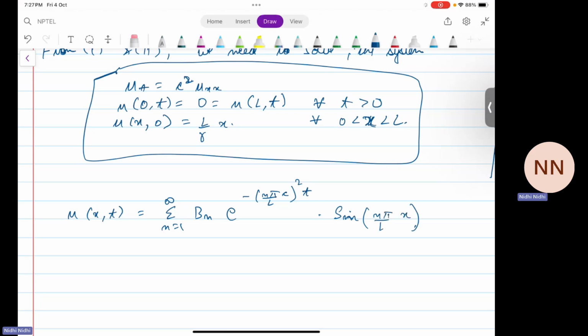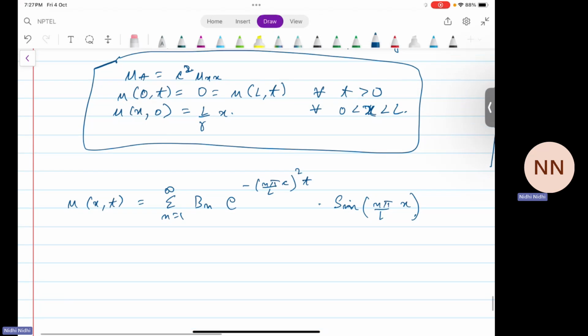Now using the initial condition, we have (L by gamma) times x equal to u(x,0). Putting t equals 0, since e to the power 0 is 1, we have the summation n from 1 to infinity of b_n sin(n pi x by L).